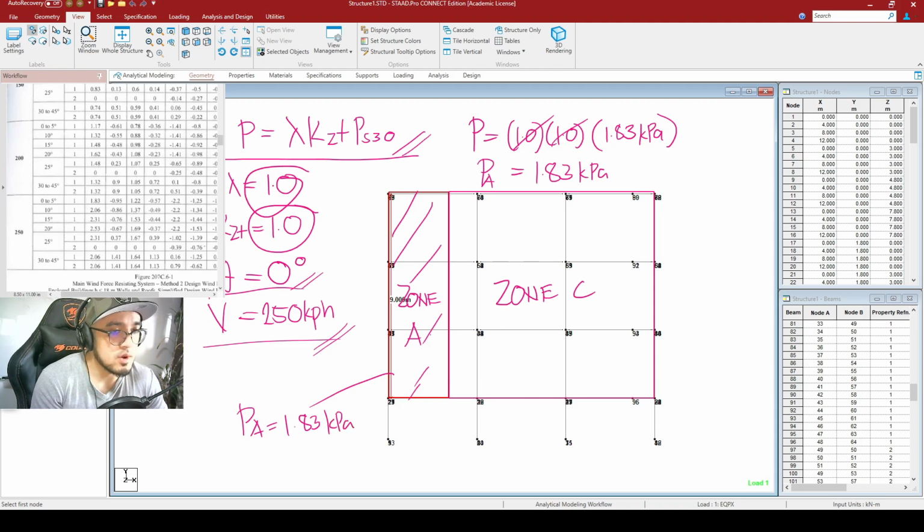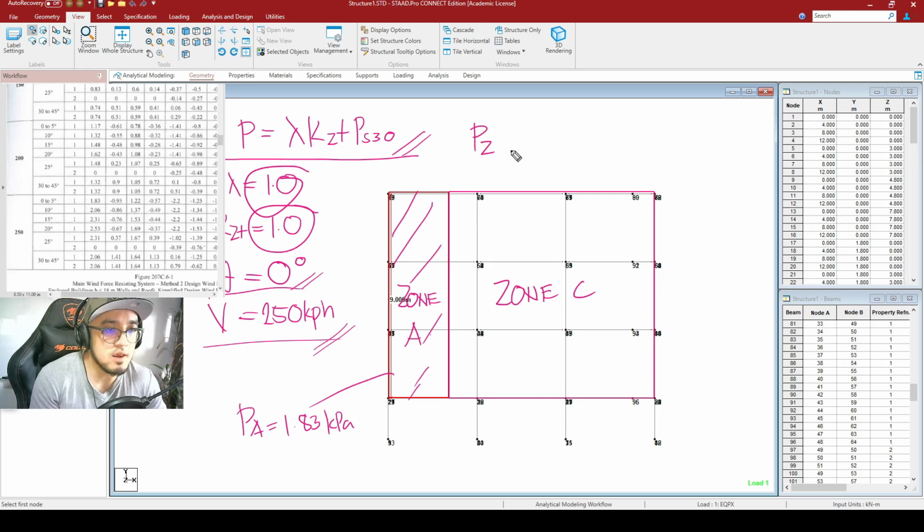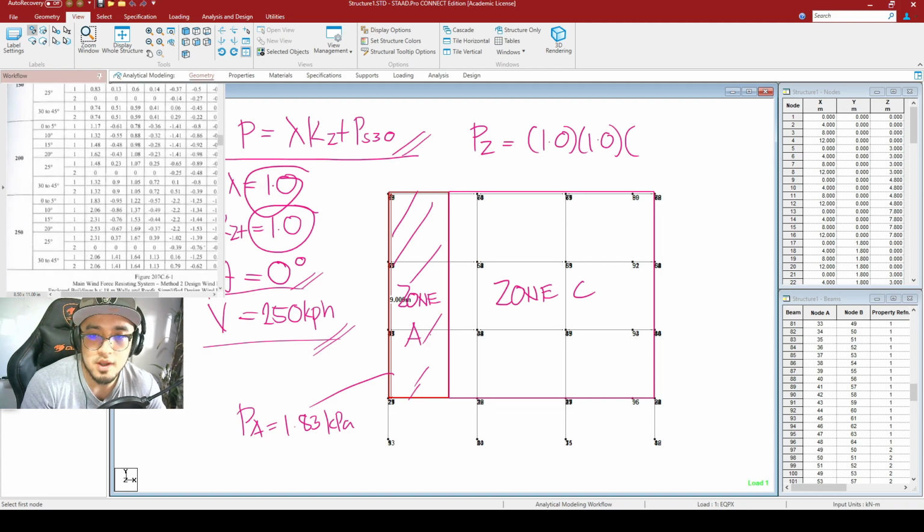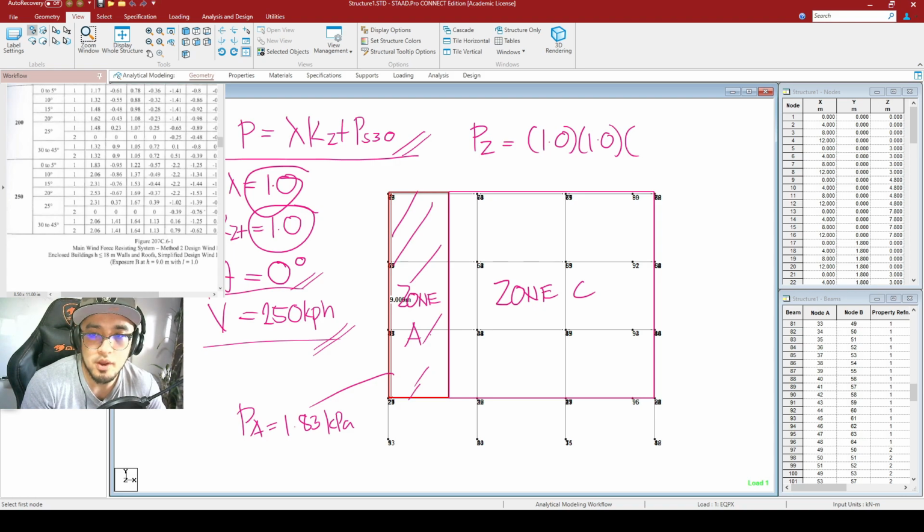So what about for zone C? So for zone C, the pressure at Z is to be equal to lambda times KZT, same old. This is to be 1.0 times 1.0 times the pressure that is to be indicated in the table. So 250, and for our horizontal pressure C, it is to be 1.22, which is this one right here.